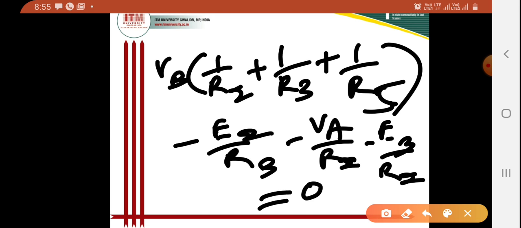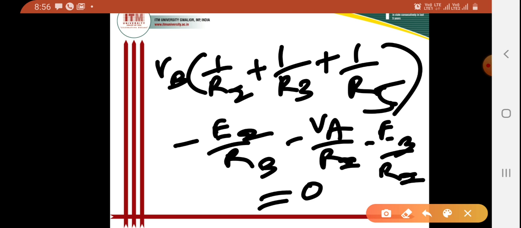Okay, so as seen, the additional term is minus E3 by R2, because we are viewing from node 2, and E3 represents a fall in potential here. When we are viewing this node E3 from node 2, the potential falls, so the value is written as minus E3 by R2.